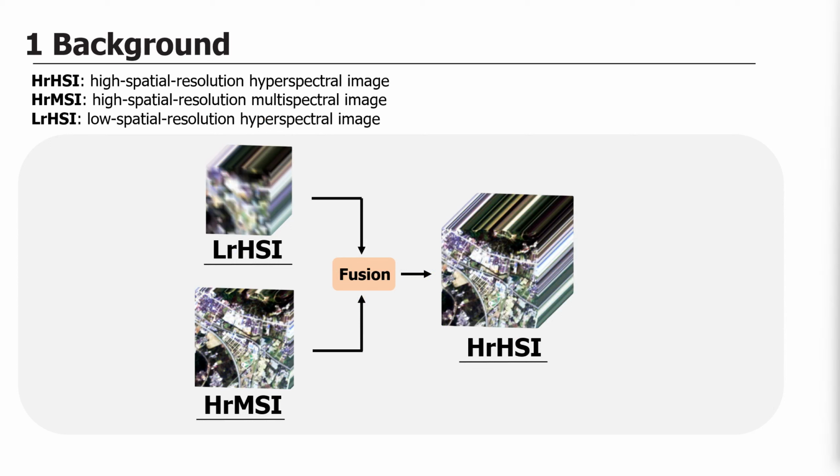Here, we give an example of hyperspectral and multispectral image fusion. By combining their own advantages, we can generate high-resolution hyperspectral image. This new data have both high spatial and spectral resolution, allowing for a better identification and classification.